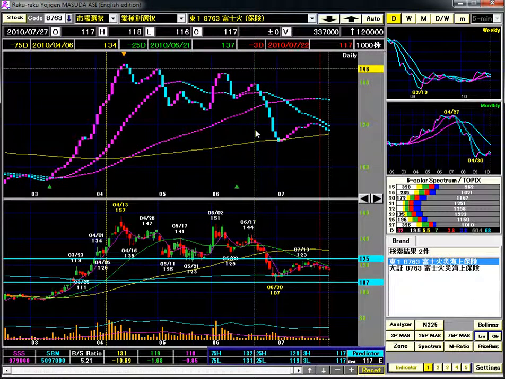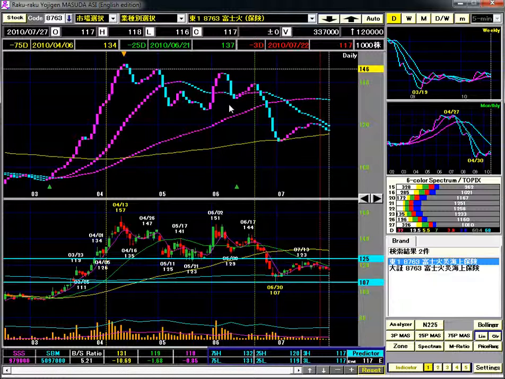The green line represents 25 days ago, and this 137 is the closing price from 25 days ago. You can also see the corresponding dates here. And the yellow line here is from 75 days ago, so April 6 in this case, and the 134 is the closing price from 75 days ago.